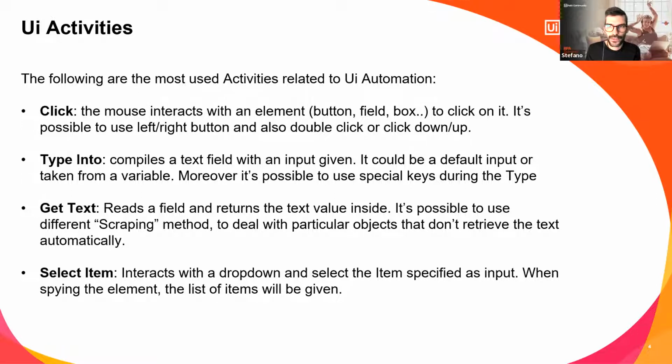What's interesting here is that when you spy the drop-down element, the list of items that are available to select is given as output. So you can select directly the item that you see, in the same way that you would do as a normal user, let's say.